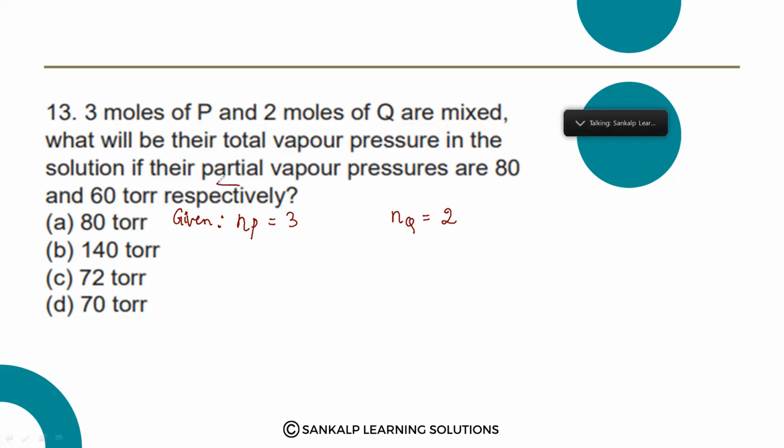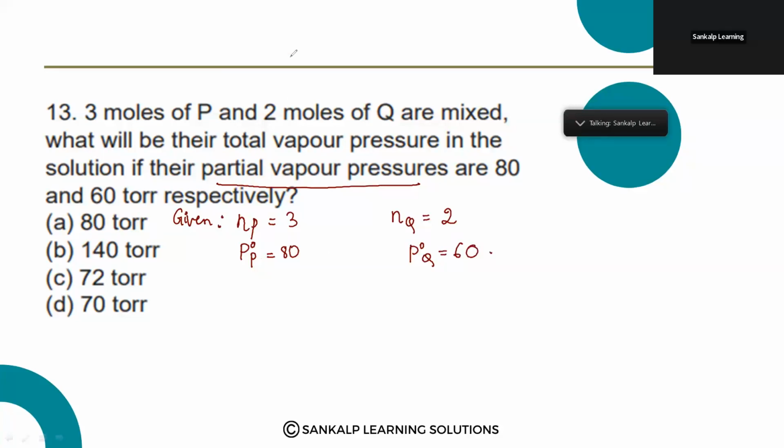Then their partial vapor pressures are given. The partial vapor pressure, denoted by P naught, of P is 80, and of Q is 60. Now, what have they asked? They have asked for the total pressure, the total vapor pressure, which we don't know yet.